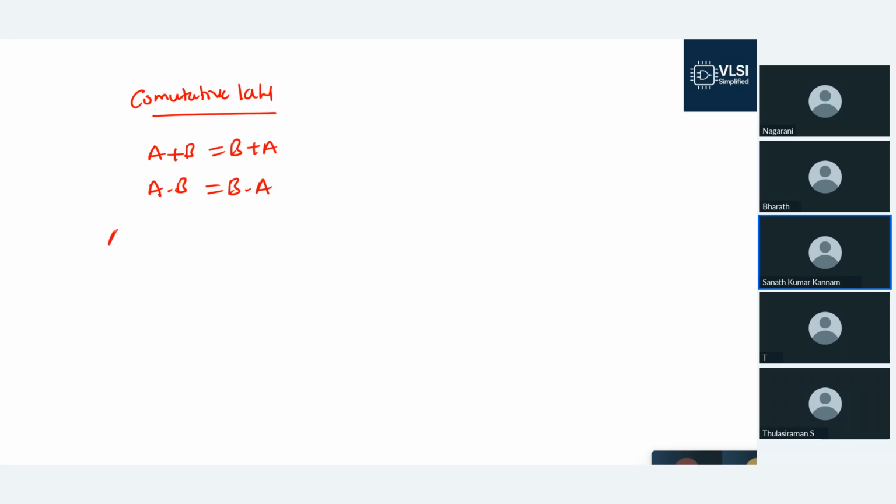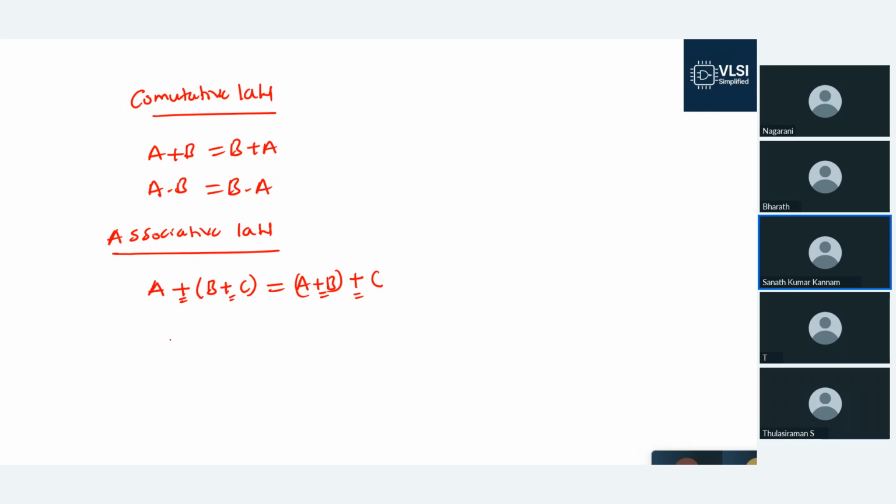And associative law. So associative law means you need to remember like this. Suppose either OR gate and AND gate is there. So associative means same. So A or B or C equal to what? A or B or C. Same. Either should be OR gate only.